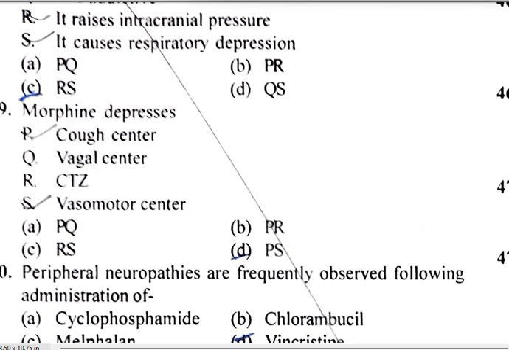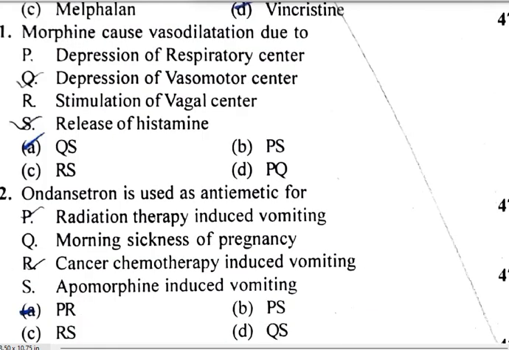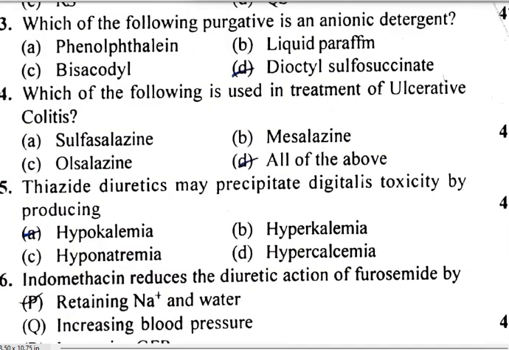Peripheral neuropathies are frequently observed following administration of vincristine. Morphine causes vasodilatation due to depression of vasomotor center and release of histamine. Ondansetron is used as antiemetic for radiation therapy induced vomiting and cancer chemotherapy induced vomiting. Which of the following purgatives is an anionic detergent?